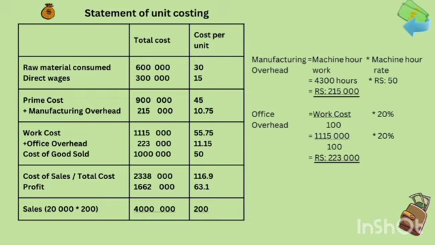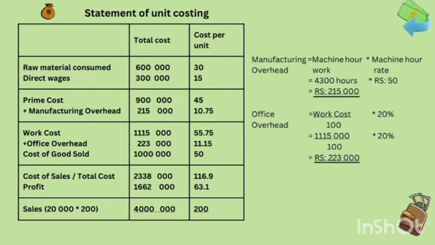Direct wages 3 lakhs divided by 20,000, answer is 15. Prime cost is calculated by adding those two, so the answer is 45. Manufacturing overhead of 2 lakhs 15,000 divided by 20,000, answer is 10.75.